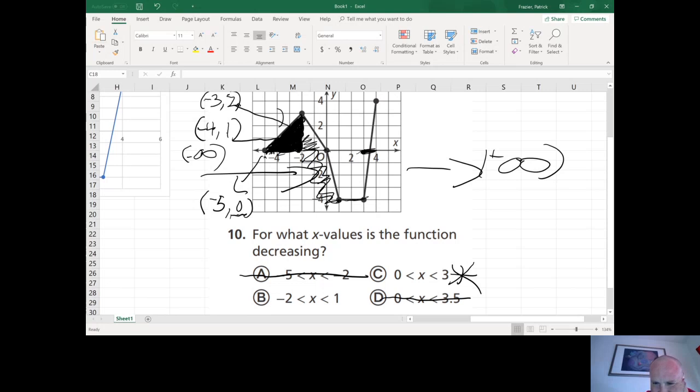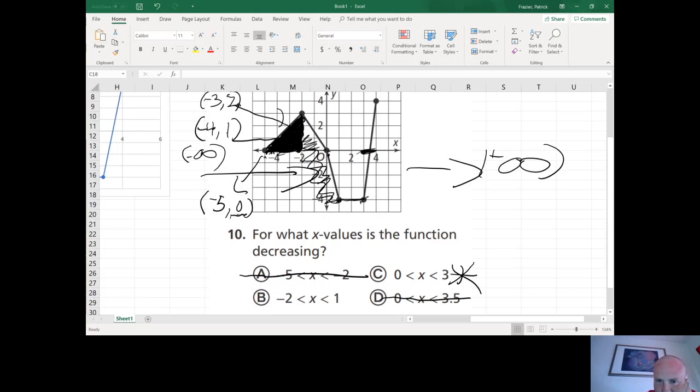And actually, going back to C, that is, when x is greater than 0 but less than 3, actually, once we get beyond 1, x isn't really increasing or decreasing, it's really just stagnant.